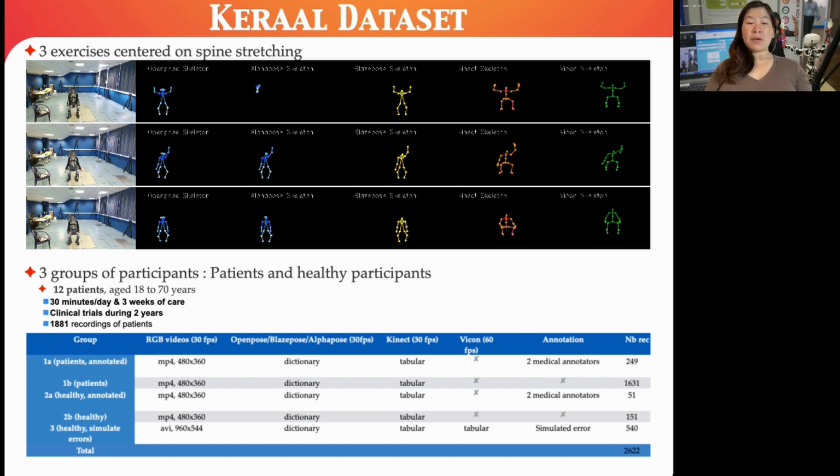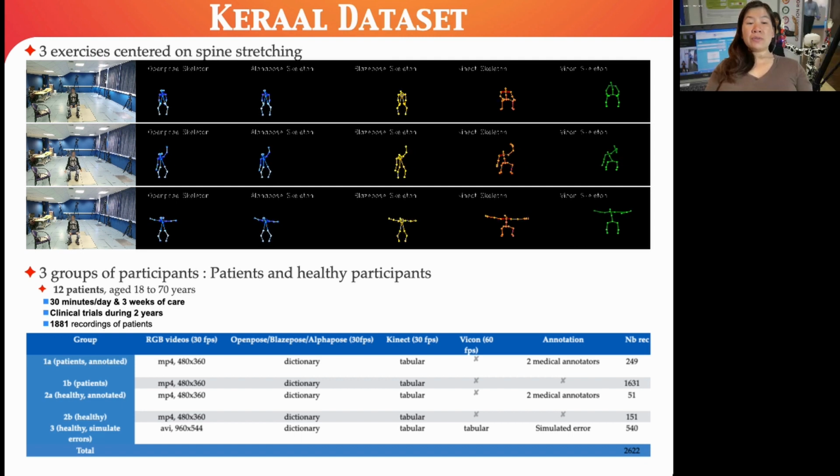We also provide the Kinect skeleton that was recorded. With the healthy participants, we have the group 2 who were asked to carry out the exercises in the same conditions as the patients. And again, part of that set of recordings was annotated by 2 medical annotators.